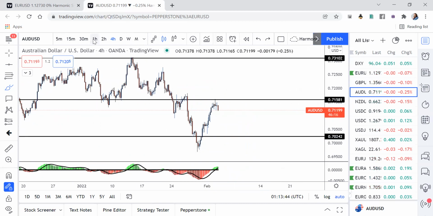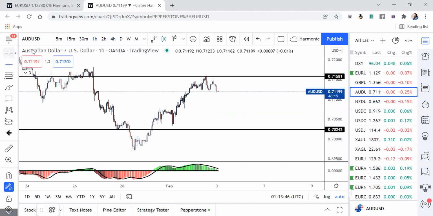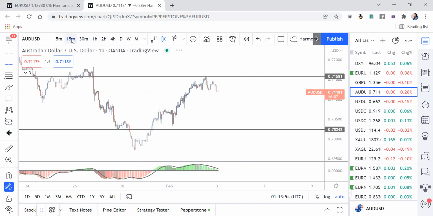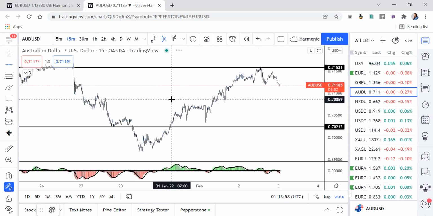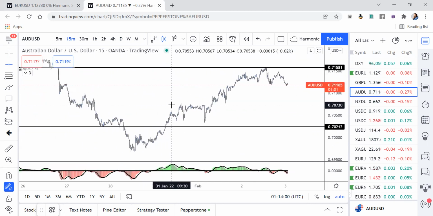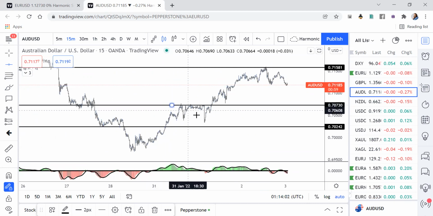Let me drop down to the 1-hour time frame. I don't have any structure in this move either on the 1-hour time frame, right? So I'm gonna drop down to the 15-minute time frame. Okay. So we have high here, we have low there, good.